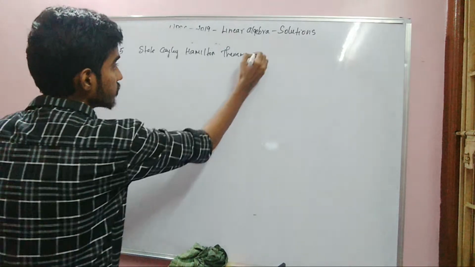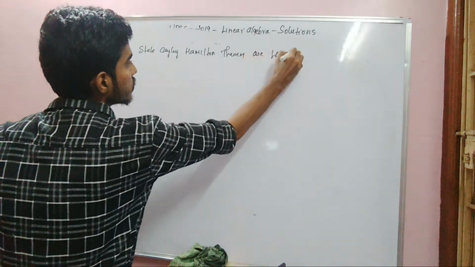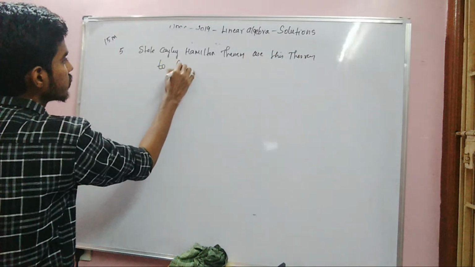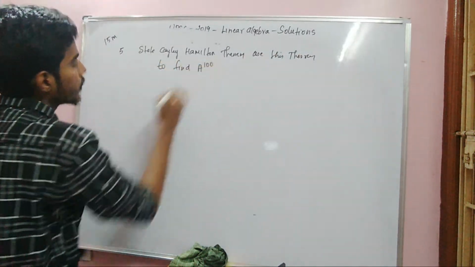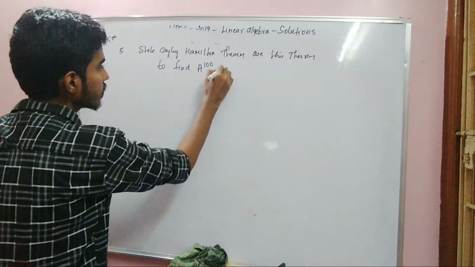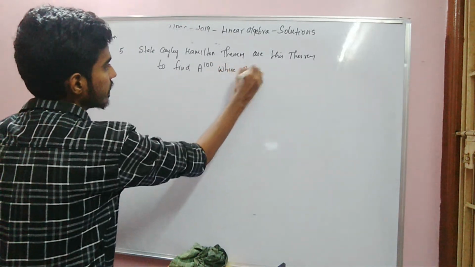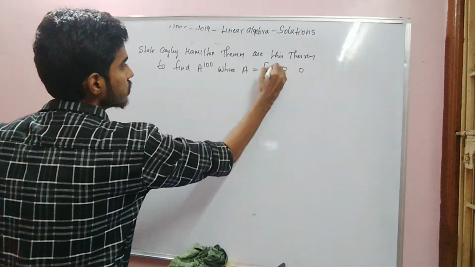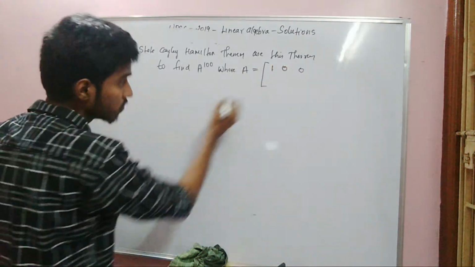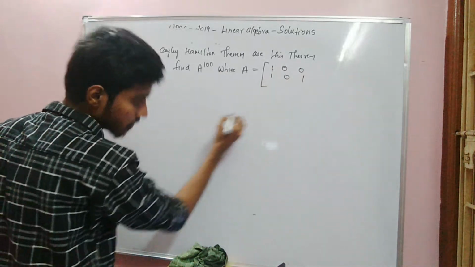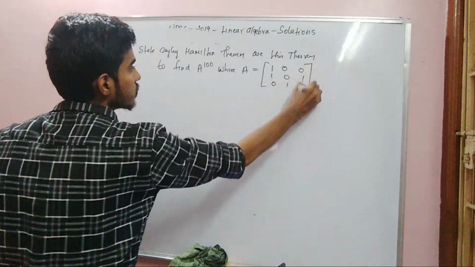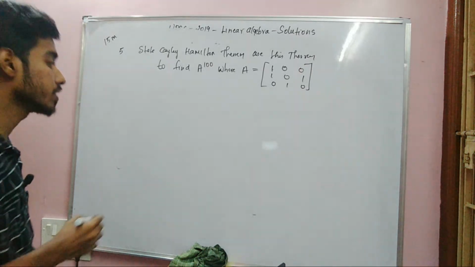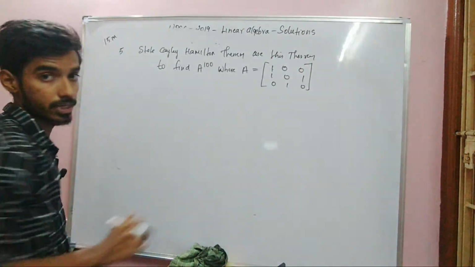Use this theorem to find A power 100, where A is equal to the matrix 100, 101, 010, right. So we need to find A power 100, right. So if you imagine, it is very big, we would need to multiply this matrix 100 times.